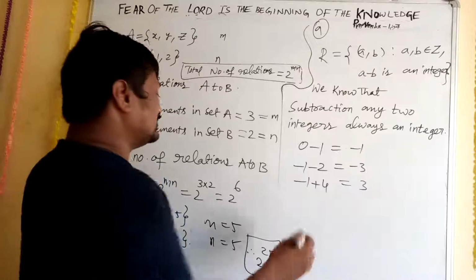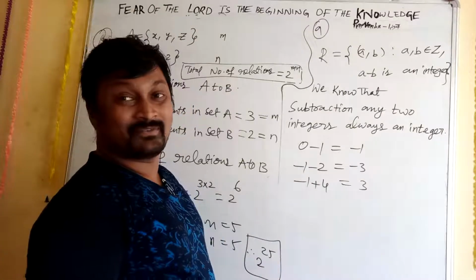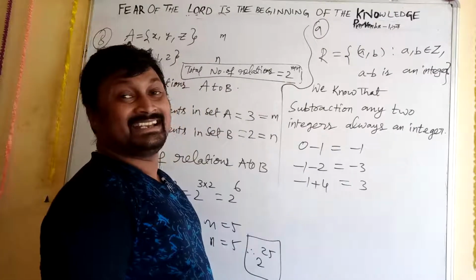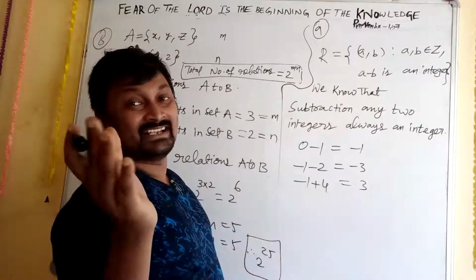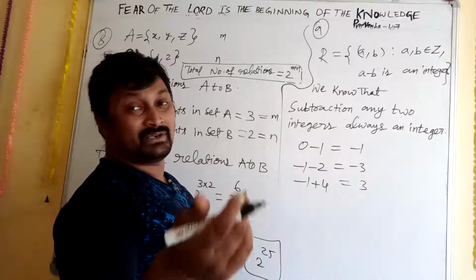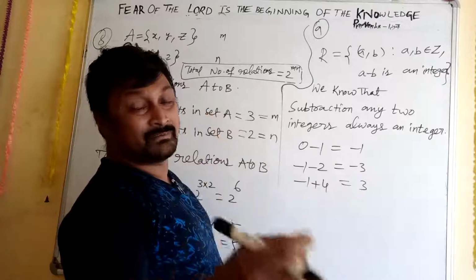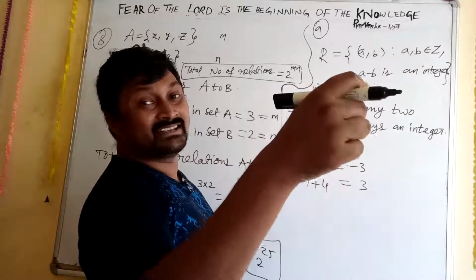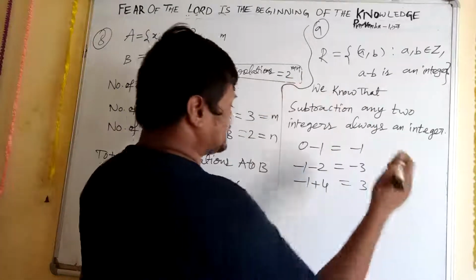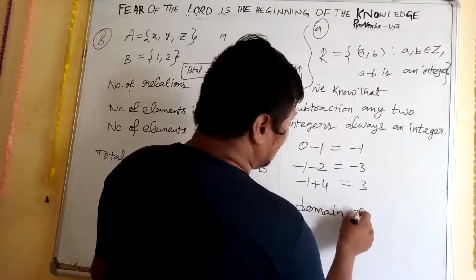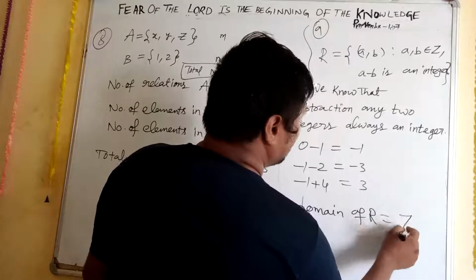So minus infinity to infinity. You wrote that, which is correct, but in mathematical language we write minus infinity comma infinity, where x belongs to the integers Z. So simply, I write here: domain of R is equal to Z.